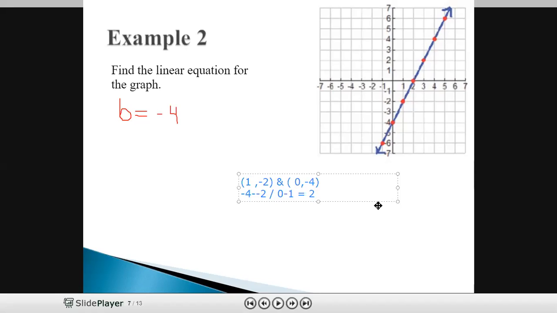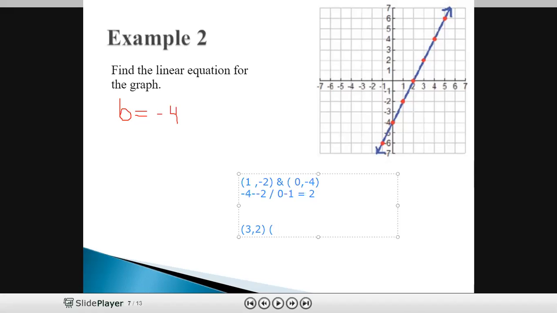If anyone can tell me another ordered pair that belongs to the line, it should belong to the line. Give me any other ordered pair. Like what? 3 and 2, yes. So we have 3 and 2, and 4 and 4.